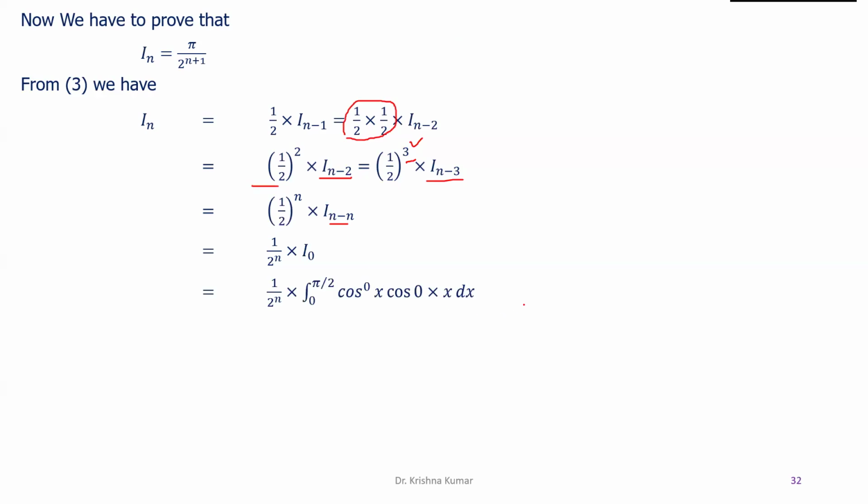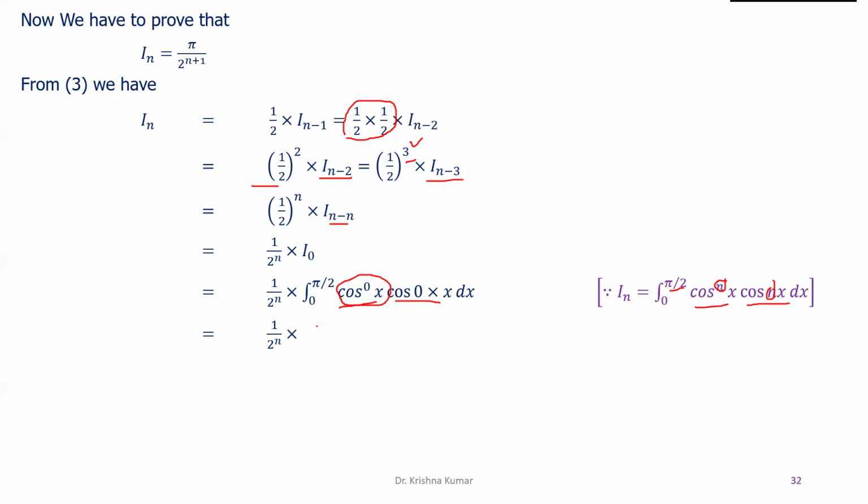We know what In is. In is equal to the integration under the limit 0 to pi by 2 of cos to the power nx cos nx dx. If you put n equal to 0, we have cos to the power 0x into cos 0. Cos 0 is 1 and cos to the power 0 of anything is again 1.